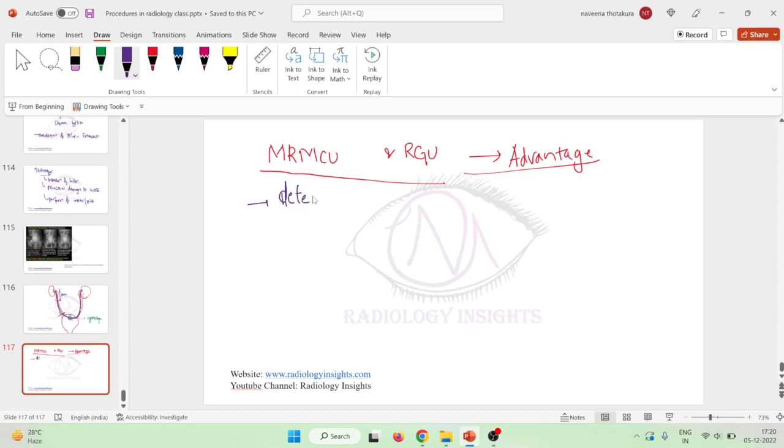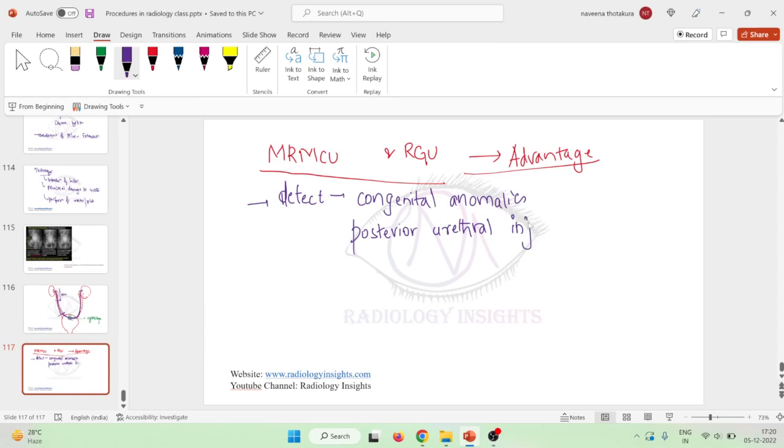So these can detect any anomalies that a child suffers from, like congenital anomalies, or if the patient has posterior urethral injuries, any trauma case, whenever the patient presents with bleeding or retention of urine.